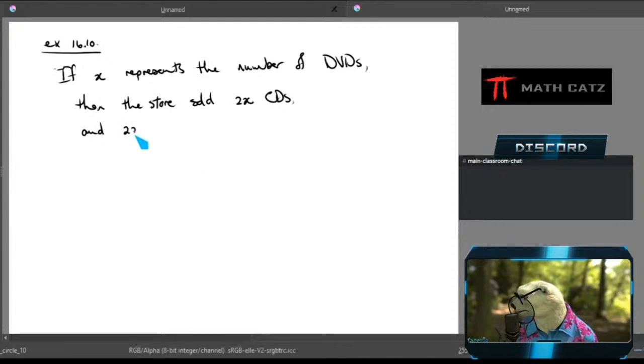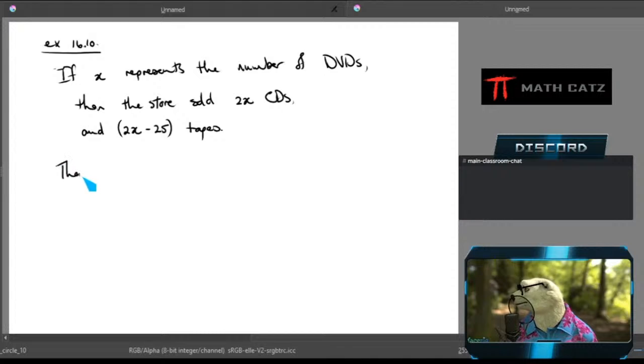So I need to subtract 25 from the number of CDs to get the number of cassette tapes. I'll put brackets around those if you want to. It's one representation. So I've used the one variable to represent all the unknowns. That's going to be much more convenient, but I need to write that out for myself.